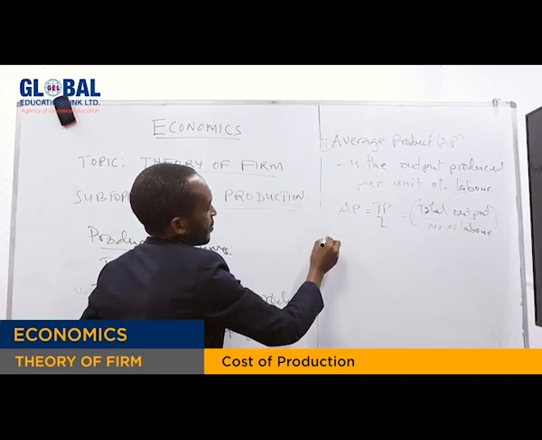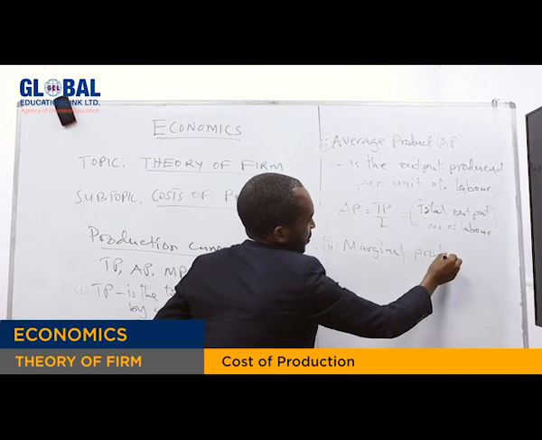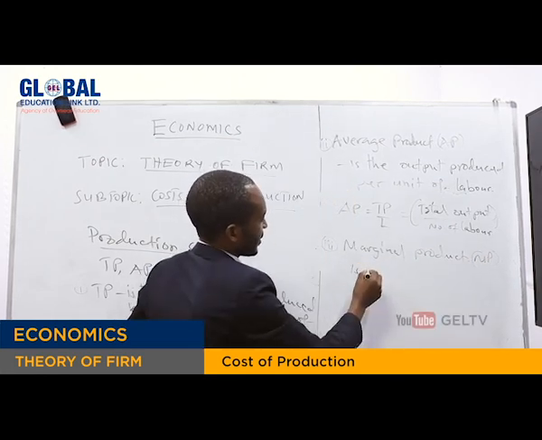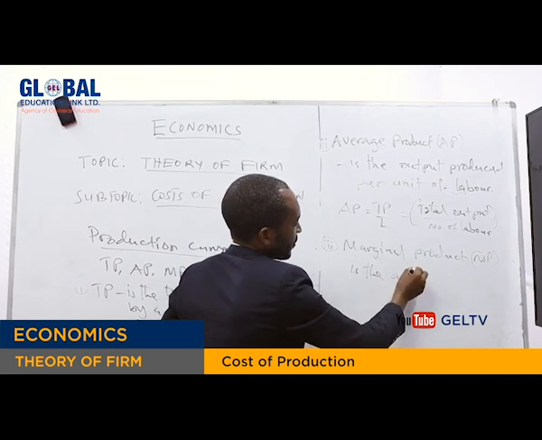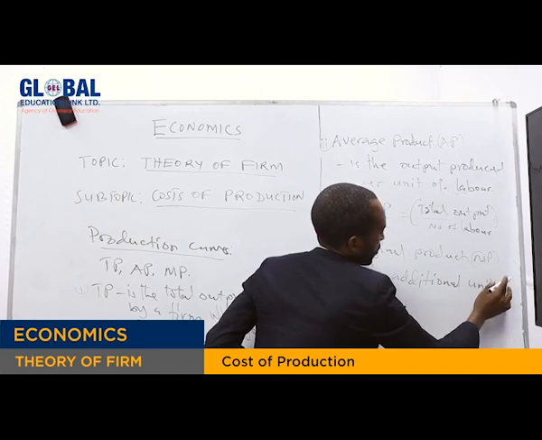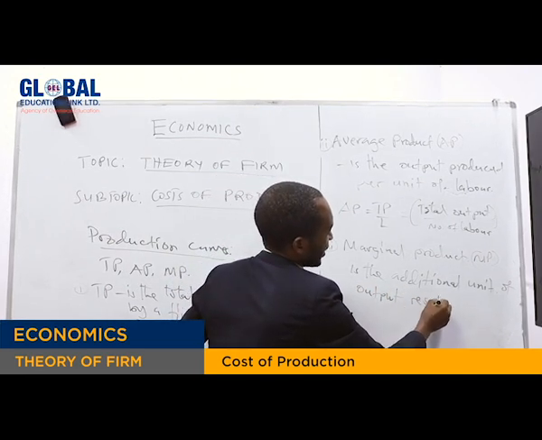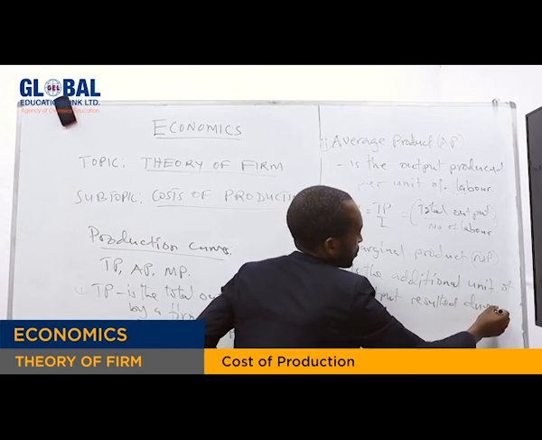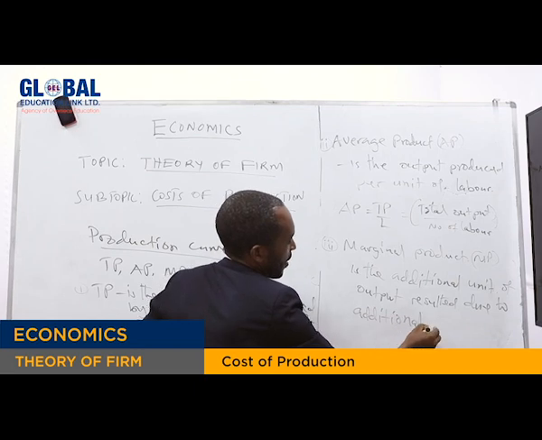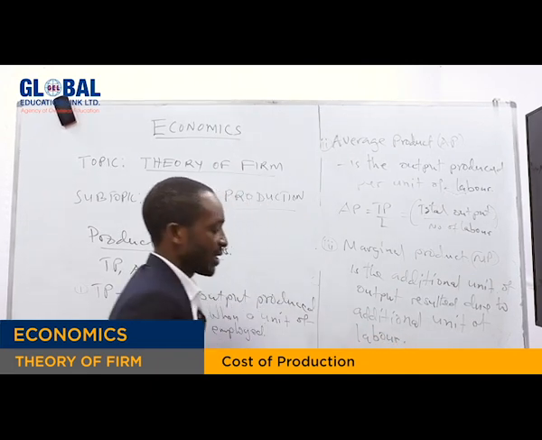Roman 3 is marginal product. So marginal product, or MP, is the additional unit of output resulting due to additional unit of labor.